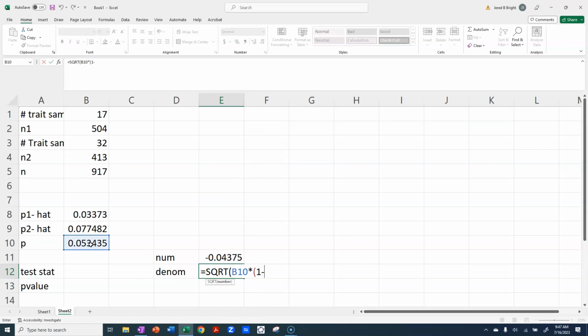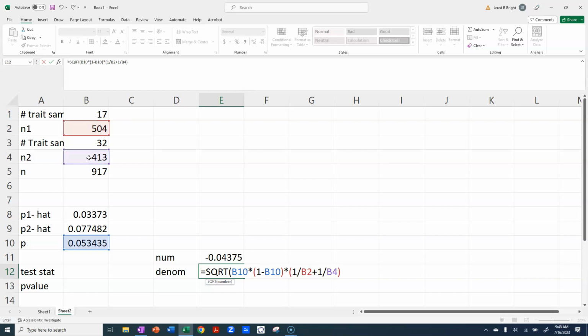So P times 1 minus P. And I do put the asterisk between different factors because I think otherwise Excel complains at you, and well, Excel complaining is normal, but we should try and make it happy as much as we can. So P, 1 minus P, 1 divided by N1 plus, and if you want to put that in parentheses, you can, otherwise order of operations is fine as I have it, 1 divided by N2.